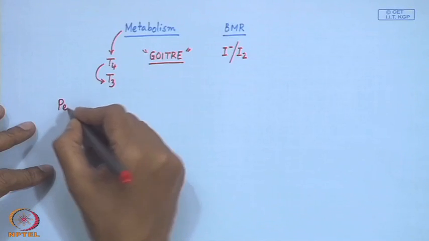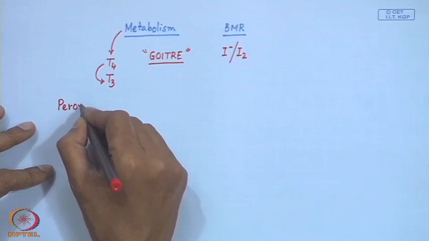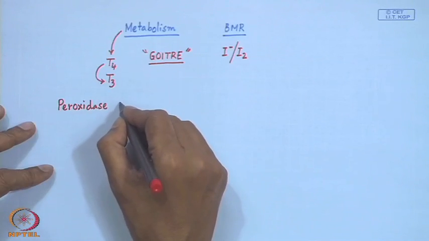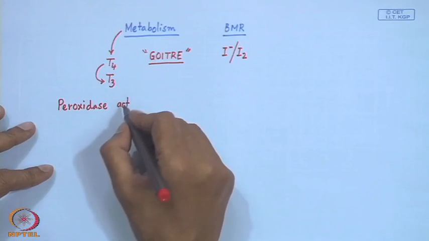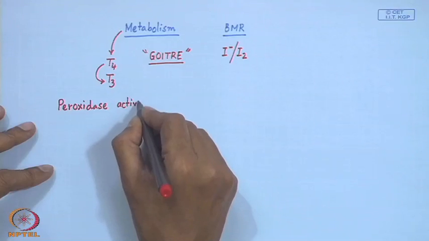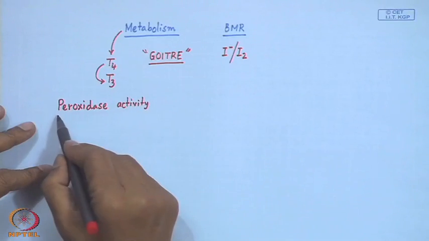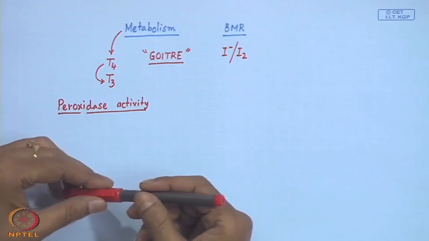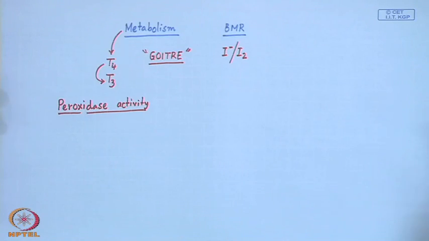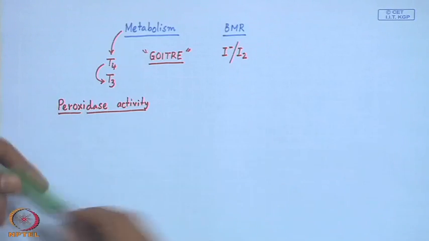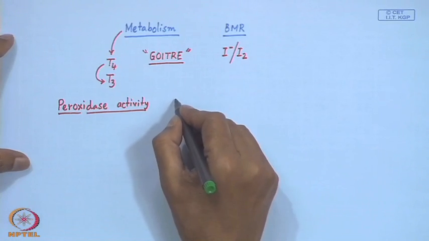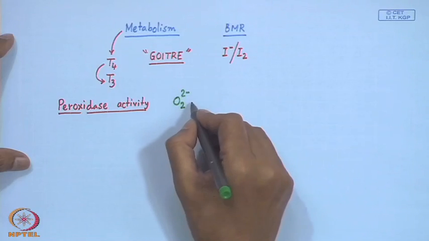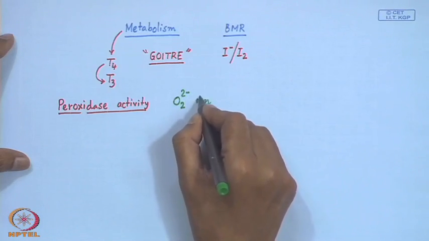So, what we see is that when we have the reaction, we basically bring in the peroxidase activity, which is very important. Whenever the peroxidase activity is taking place, we are handling the O2 2- ion, the peroxide ion.